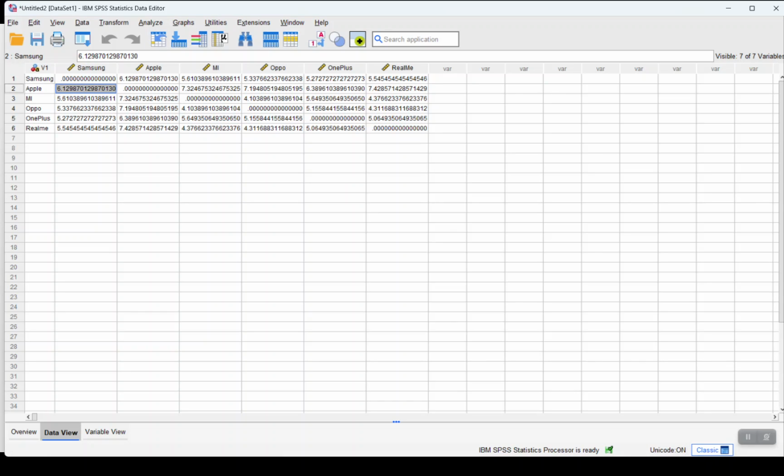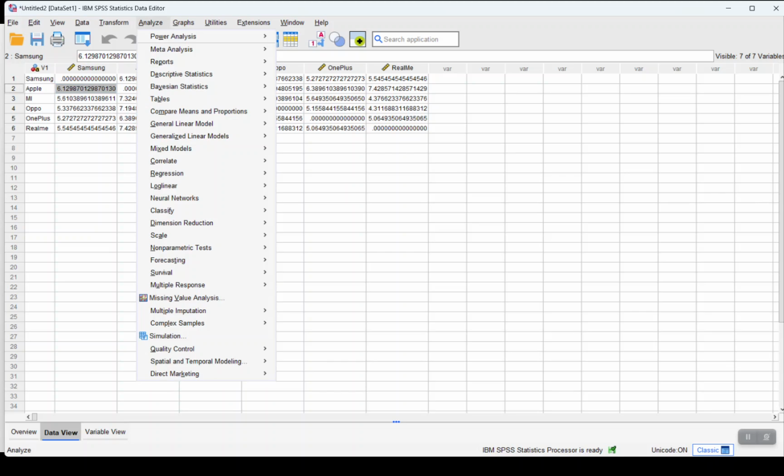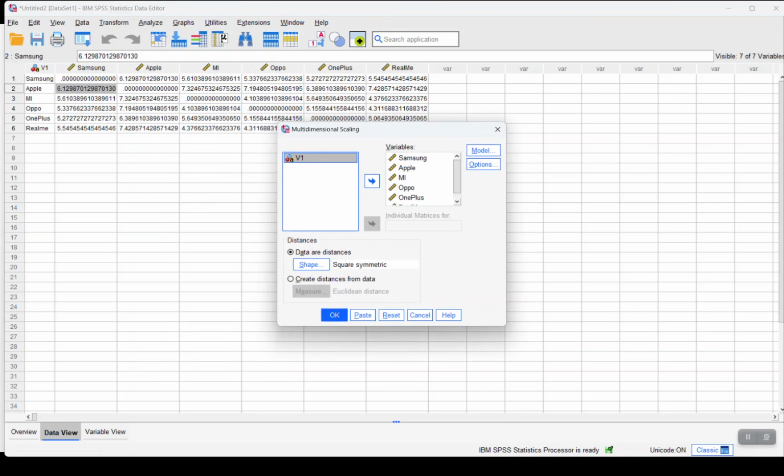So how do we do multidimensional scaling? We will analyze, go to scale, click on all scale, and we have all the variables. I'll just reset it. So we have all the six different brands in the variable list here, which I'll move in this particular variable selection area.